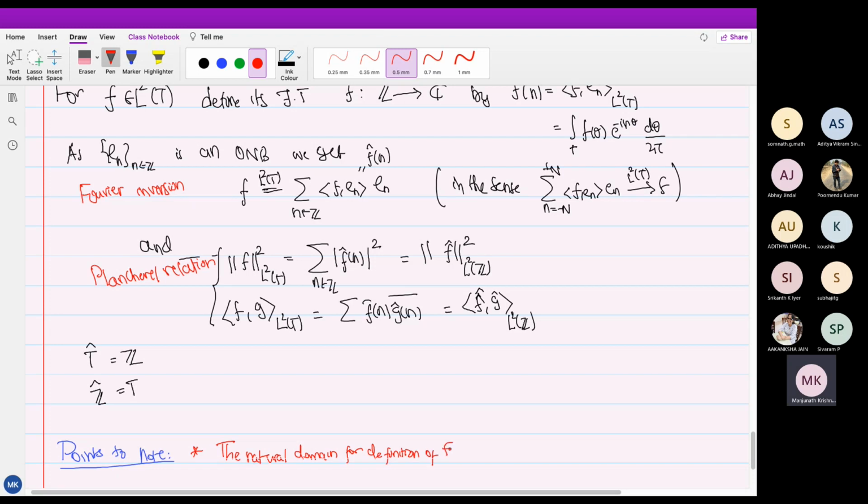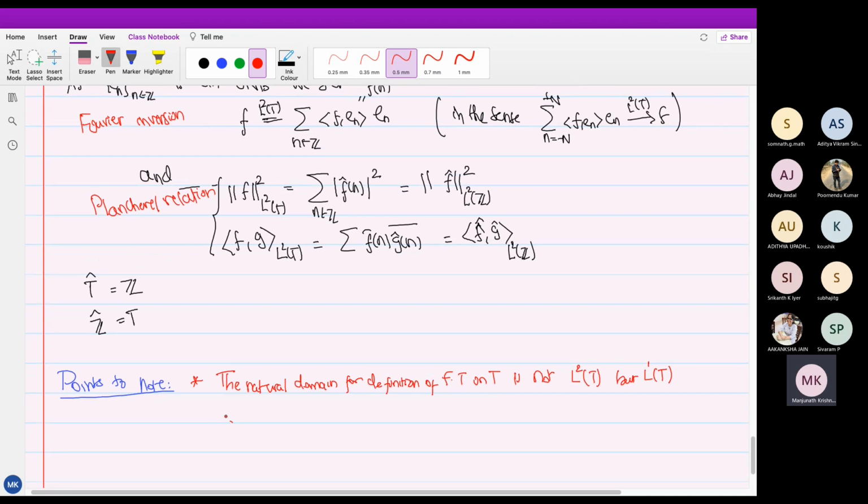The natural domain for the definition of the Fourier transform on the circle group is not L2 of T, but L1 of T. Why?